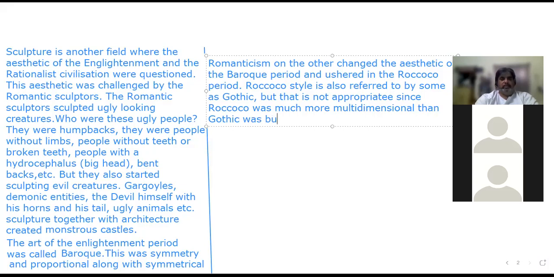But one can consider the Gothic to be a part of the Rococo style.